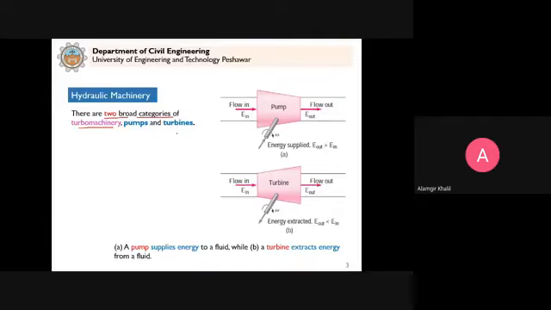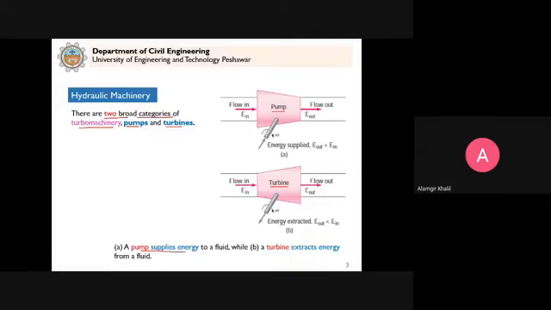That rotor in the case of a pump is known as the impeller, as we studied, and the same rotor in the case of a turbine is known as the runner. So we have two broad categories. The first one is pumps and the second one is turbines. We already covered pumps in the previous lecture.